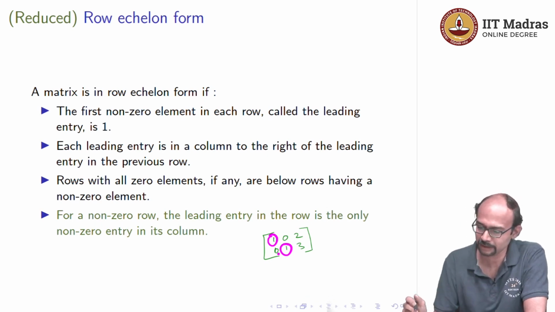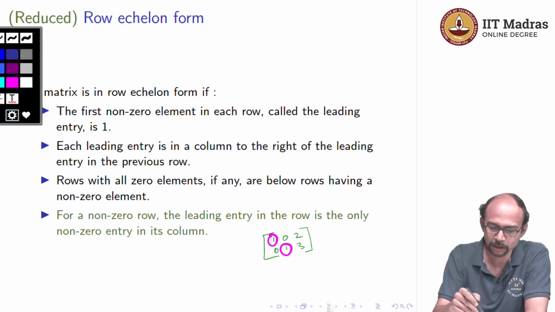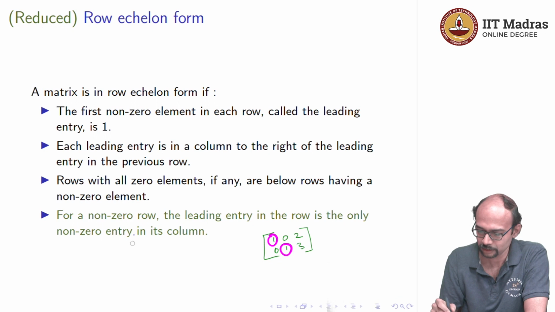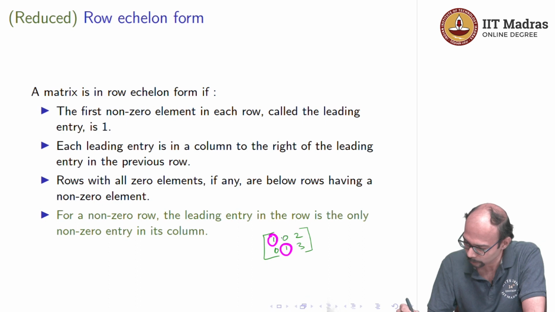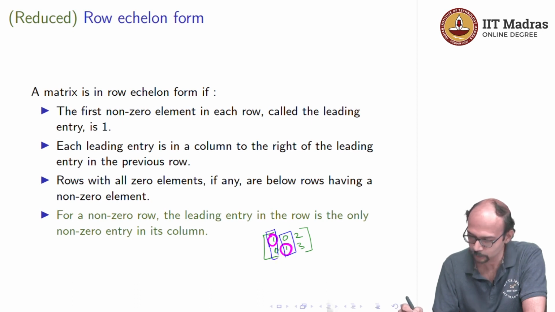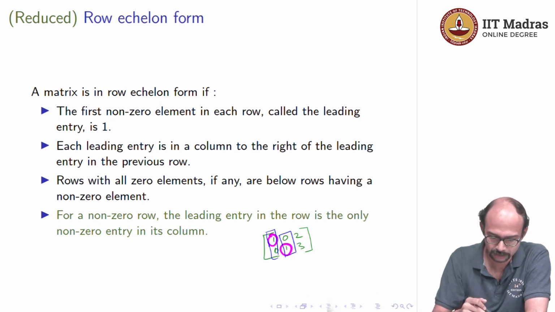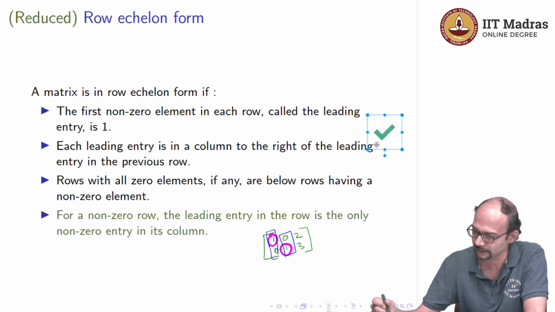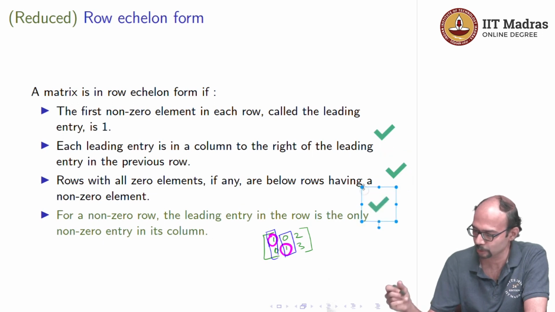And then the second requirement is that if you have a leading entry, all the leading entries in rows before that must be in columns before it. This one over here is in the second column, and if you look at the previous row, the one is in the first column. Okay, so that's exactly what we want. And for rows with all 0 elements, there is no such row, so this is satisfied.